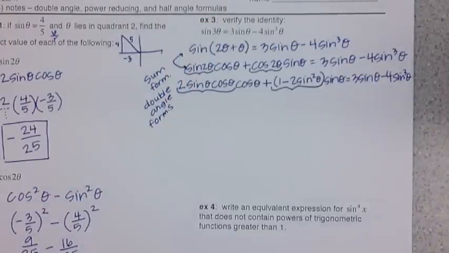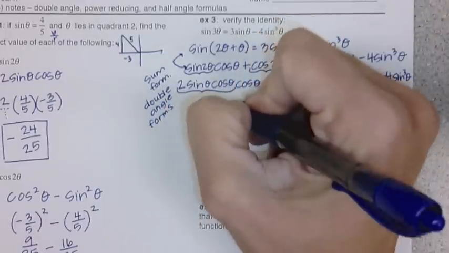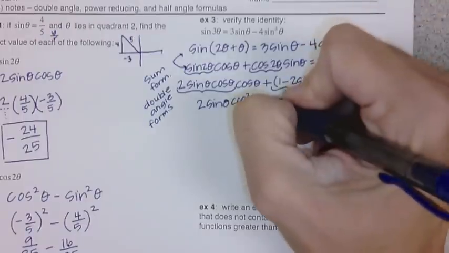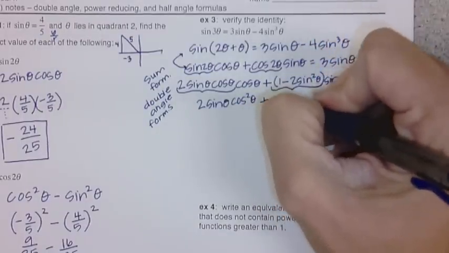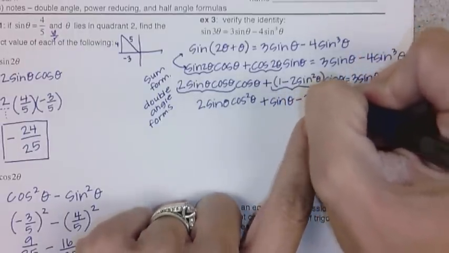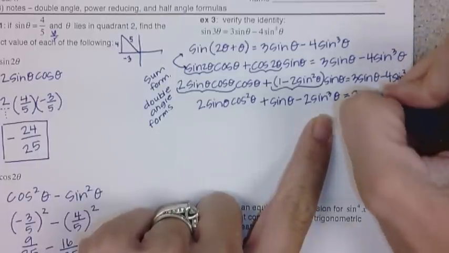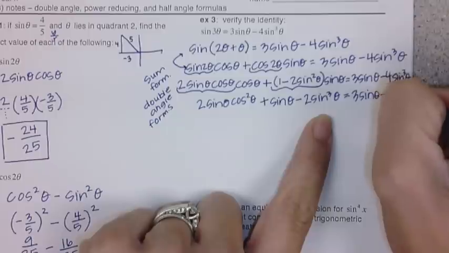So we get 2 sine theta cosine squared theta plus, I'm going to distribute, so I get sine theta minus 2 sine cubed theta, which is nice to see since we have a cube over here. 3 sine theta minus 4 sine cubed theta.